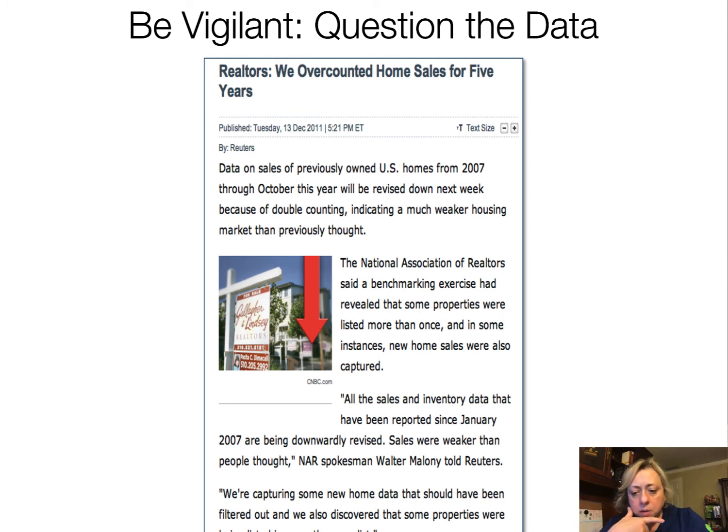In December 2011, they announced that they had found an error in their numbers. As it turns out, it was a major error. From 2007, pre-recession, we could say, through the end of 2011, they were double counting sales of certain homes.